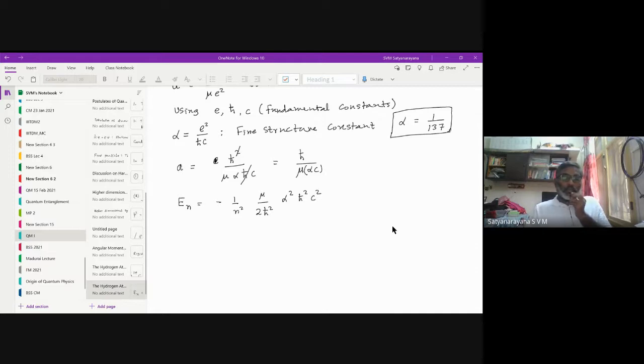So En is equal to minus 1 by n square into this h bar square, and this h bar square will cancel. So you have half mu alpha square c square. Again it is like half mass times velocity square is the energy, and this is the energy written in terms of the fine structure constant.